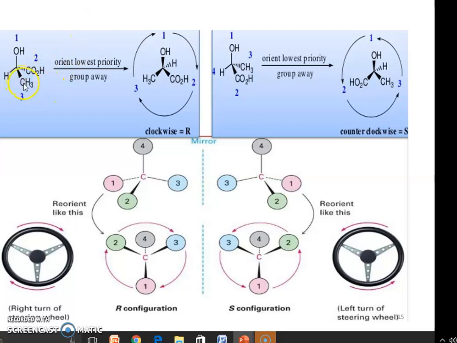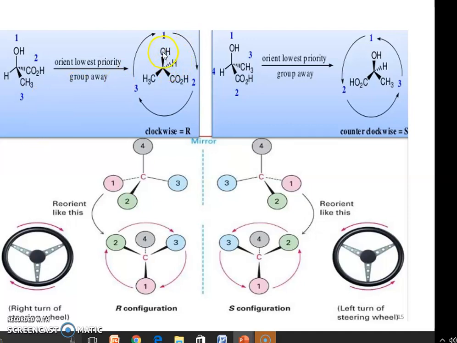First, exchange between CH3 and H. H will come here, CH3 will go here. Next, H with CO2H: CO2H will come here and H will go to this side. So you can see here H is away from the viewer.